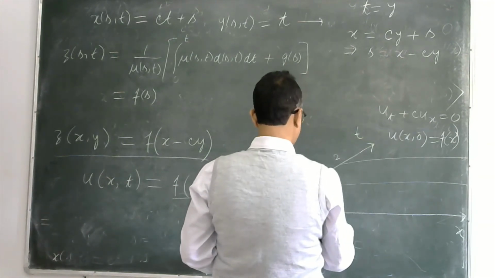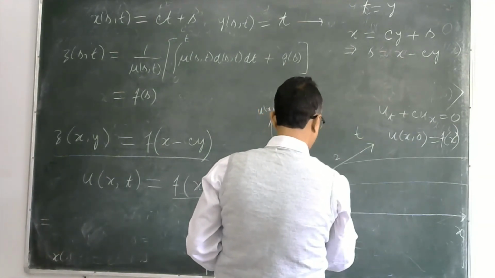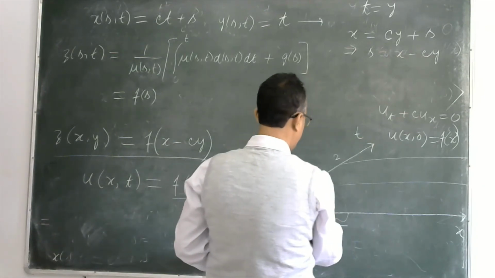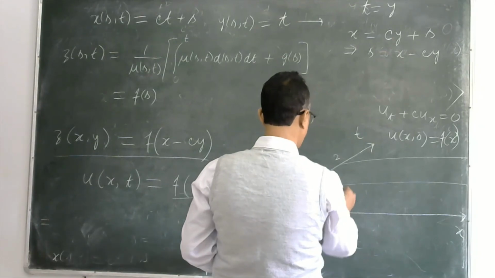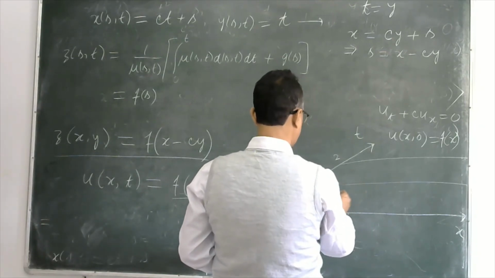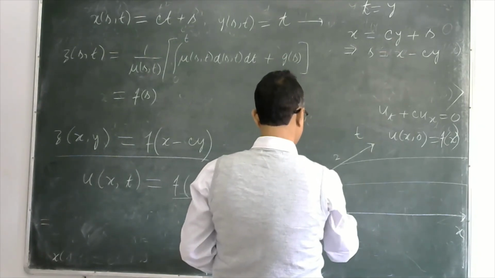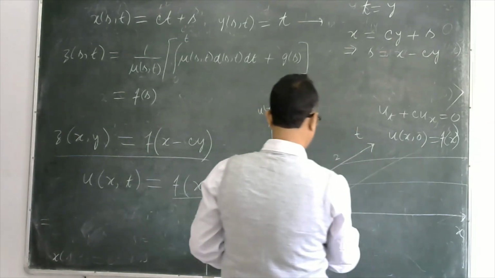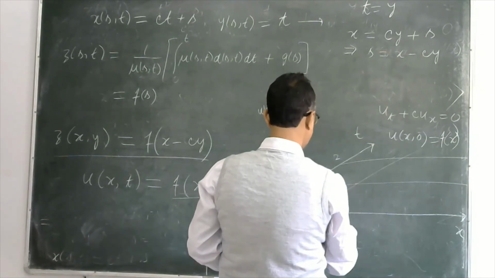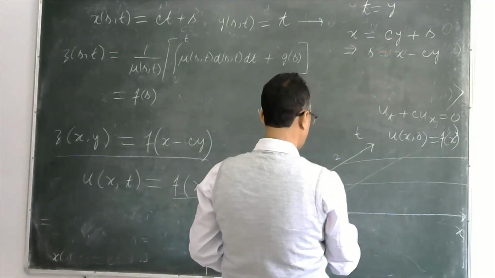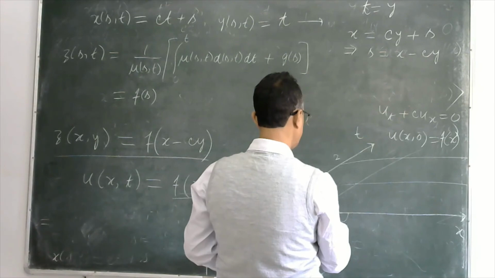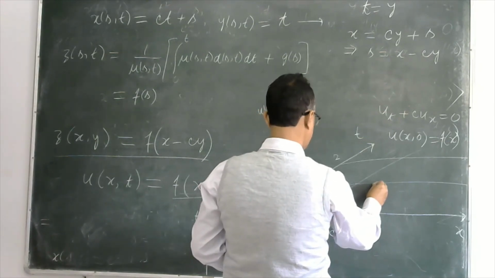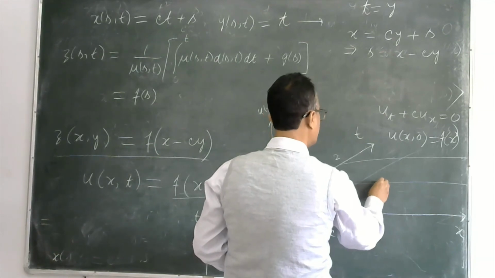Suppose this distance is c. So this wave is going to move c units towards right, and now it is going to shift here, right?